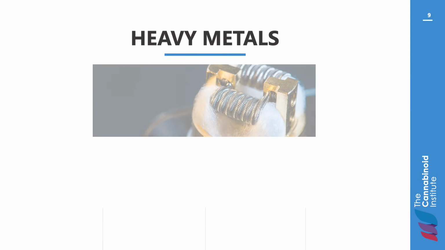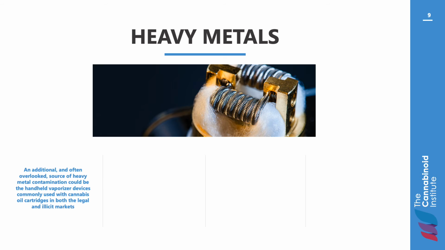An additional and often overlooked source of heavy metal contamination could also be the handheld vaporizer devices commonly used with cannabis oil cartridges in both the legal and illicit markets. The metal heating coil, wires, and joints of the device may all release metal particles when heated.